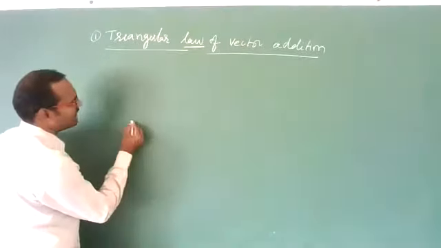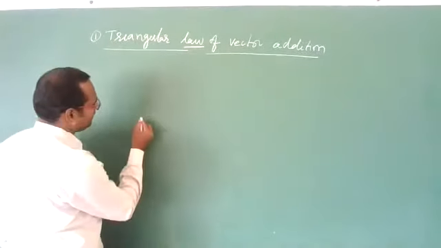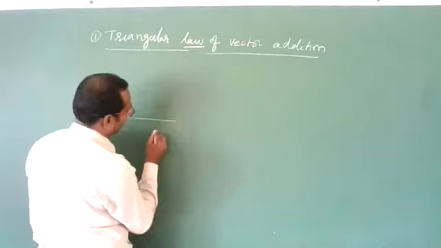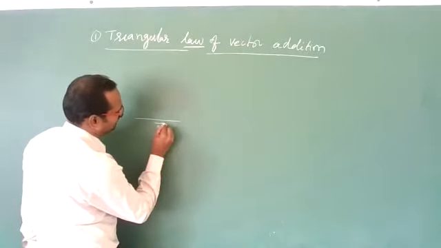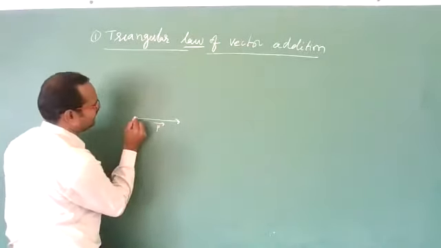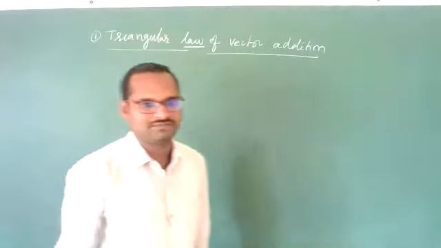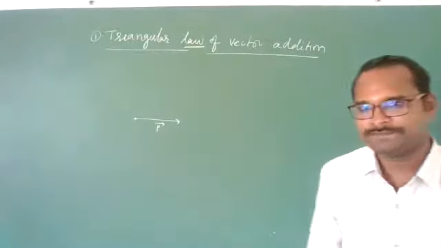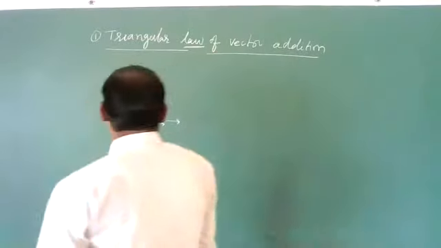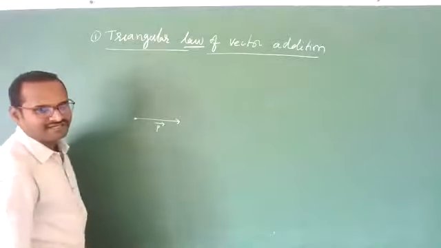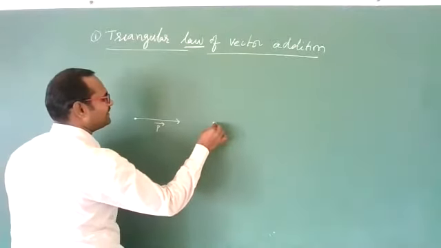Students, let us suppose you are having two vectors. Let us suppose this is the first vector, p bar, and every vector will have a tail and an arrow head. Now, let us suppose the second vector, q bar, is somewhat inclined like this.